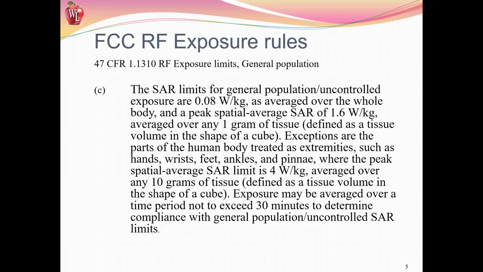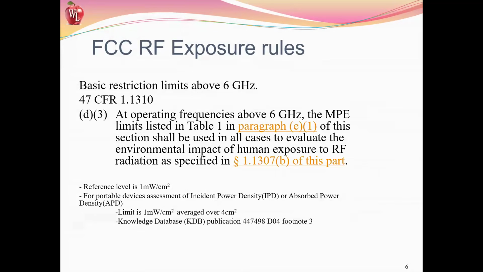Again, you have extremities and things that are not subject to that. 4 watts per kilogram over 10 grams of tissue is the SAR limit, and the exposure is averaged not to exceed 30 minutes. So there's a lot of information that is included there, but at a high level, we just basically have to make sure that we're not having any problems.